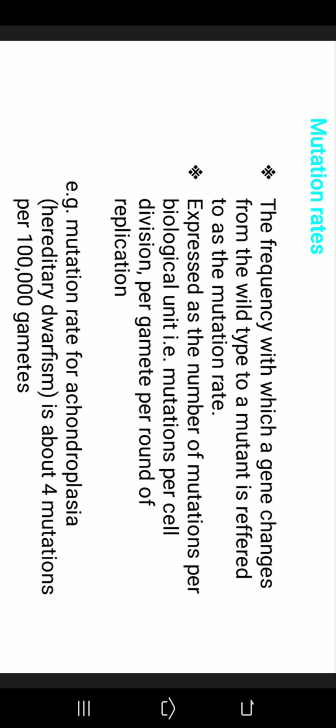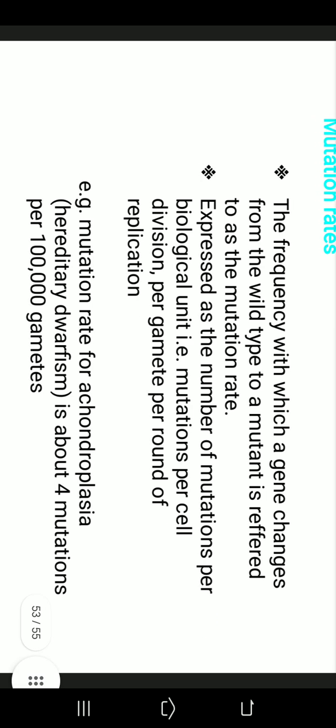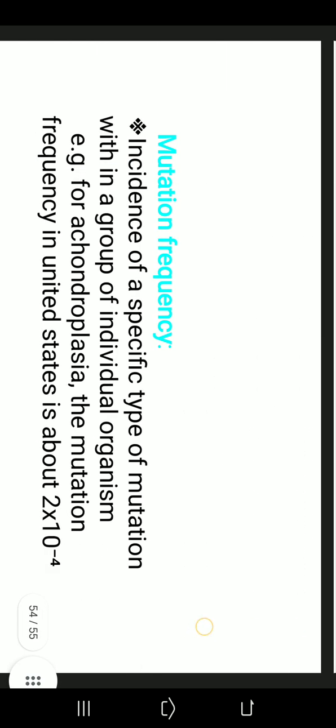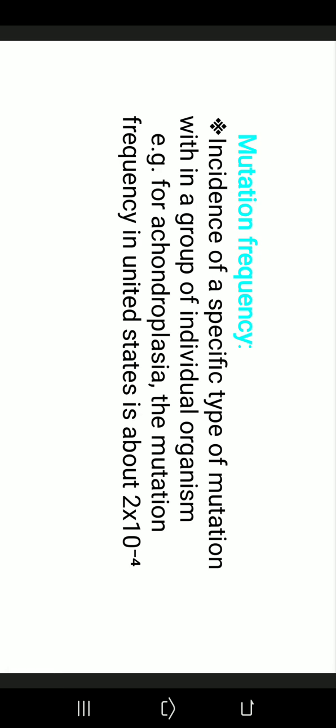The mutation rate for achondroplasia, hereditary dwarfism, is about 4 mutations per 1 lakh gametes. Mutation frequency: the incidence of a specific type of mutation within a group of individual organisms. For example, for achondroplasia, the mutation frequency in the United States is about 2 × 10^-4.